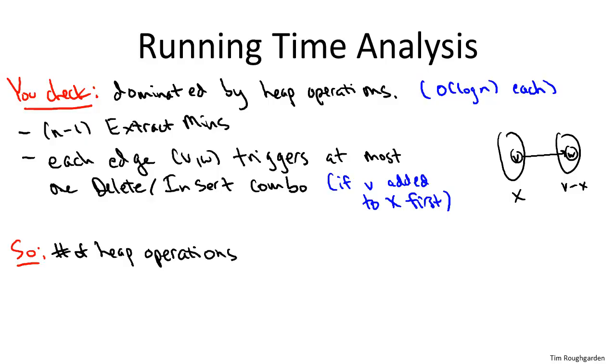So what does this mean? This means that the number of heap operations is big O of n, that's for the extract mins, plus big O of m, that's for the insert-delete combos triggered by edges during the decrease keys. Now, I'm going to write this in a simplified way. This is just O of m, the number of edges, and this is because of our assumption that there's a path from s to every other vertex.